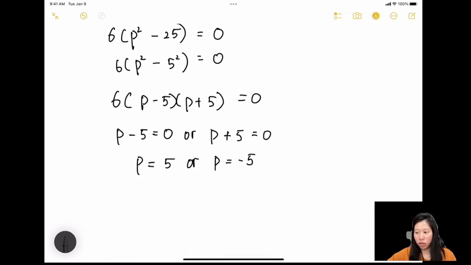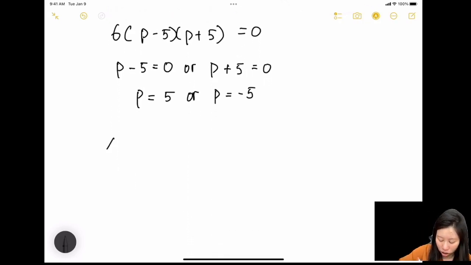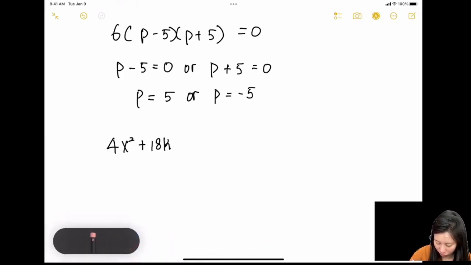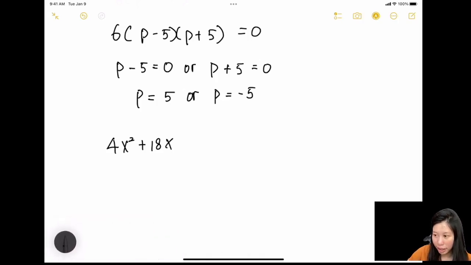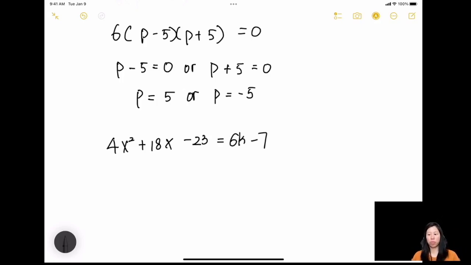Okay, what if you've seen something like 4x squared plus 18x minus 23 equals 6x minus 7? What would you do?